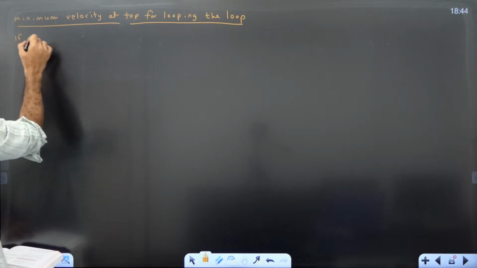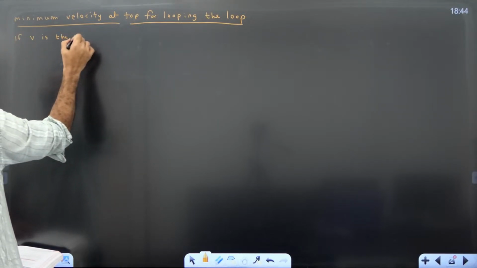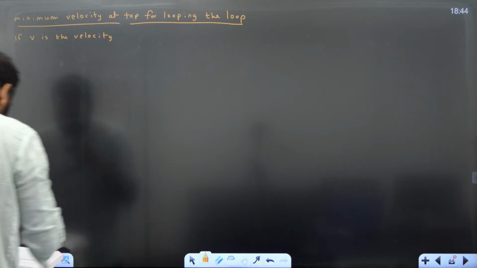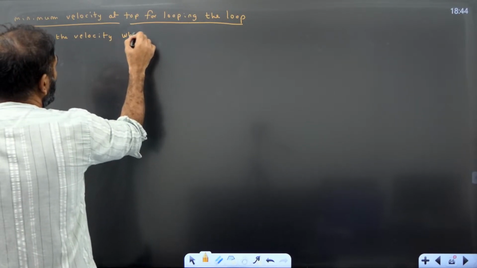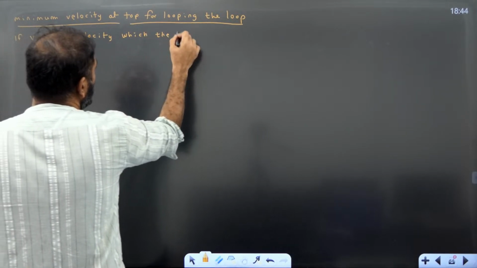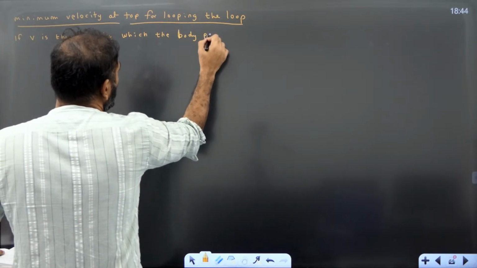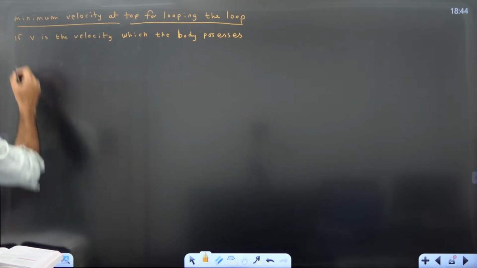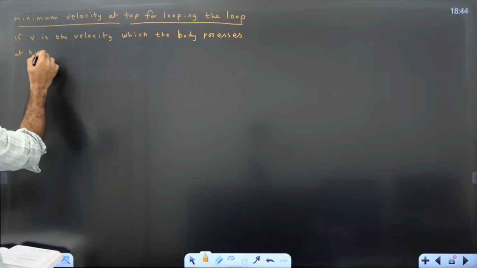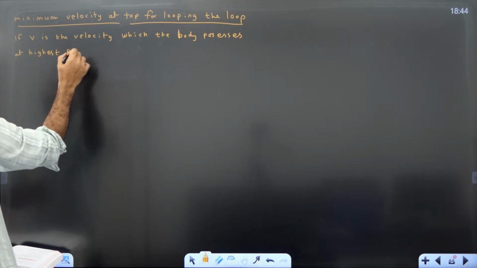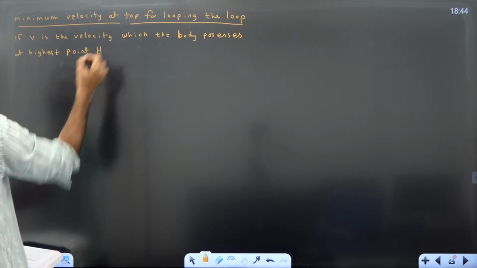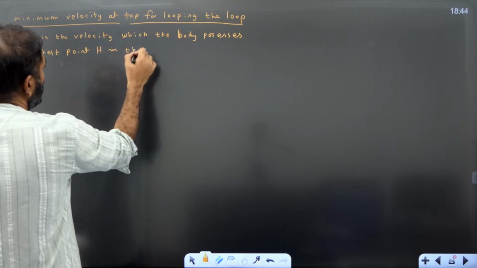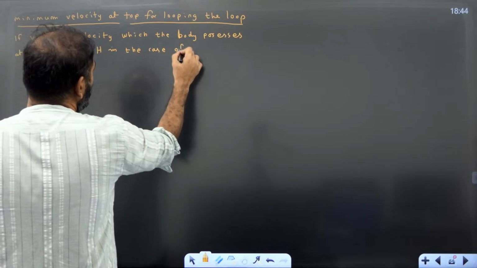If v is the velocity which the body possesses at the highest point h, in the case of no slackening.